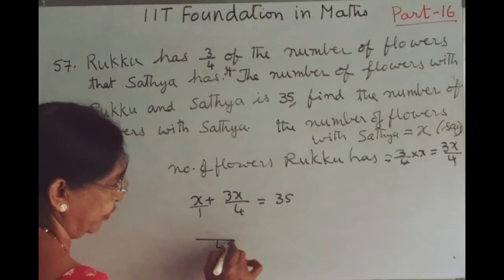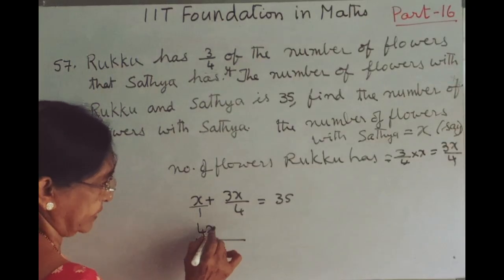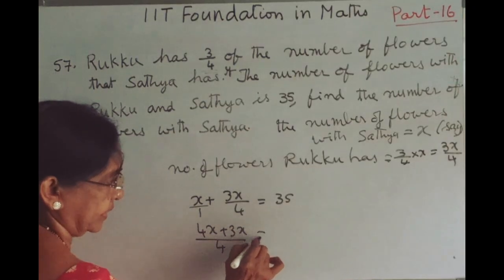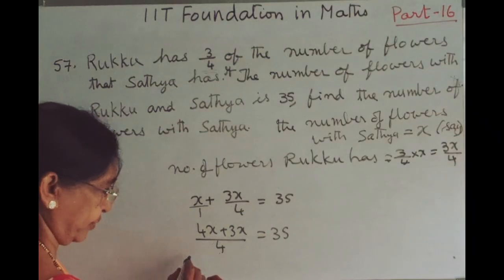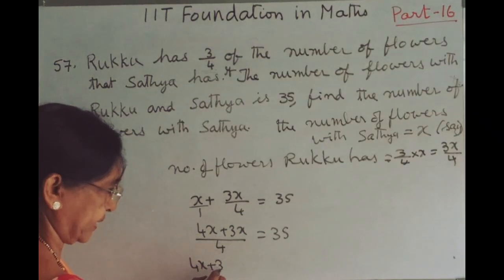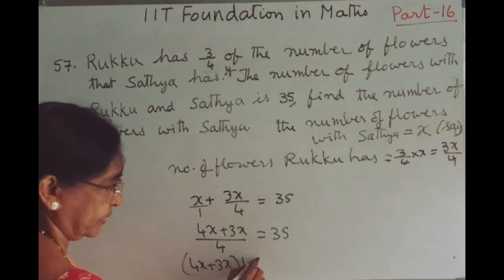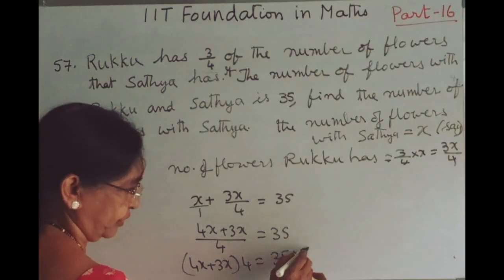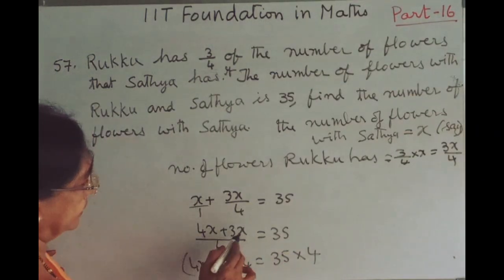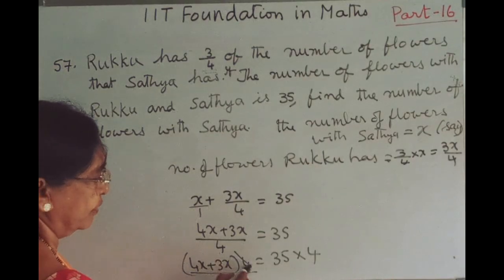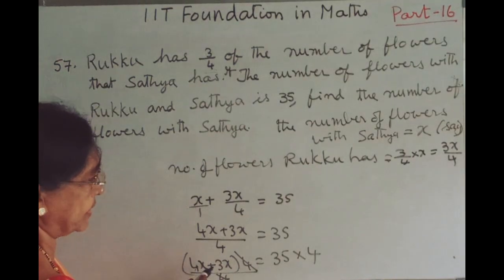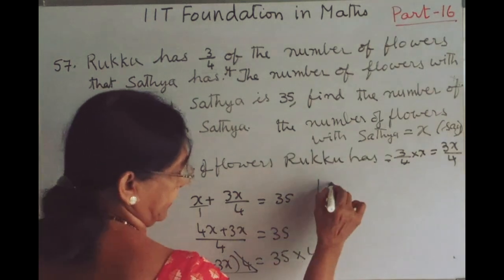So, LCM 4. 4 into x, 4x plus 3x by 4 is equal to 35. So multiplying both sides by 4, we get 4x plus 3x by 4 into 4 is equal to 35 into 4. 4 gets cancelled. 4x plus 3x is 7x.